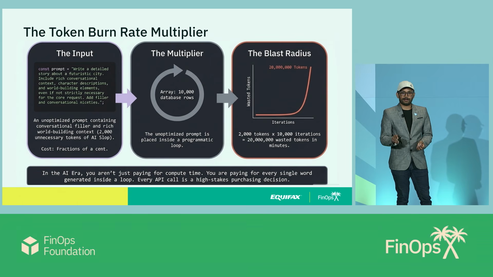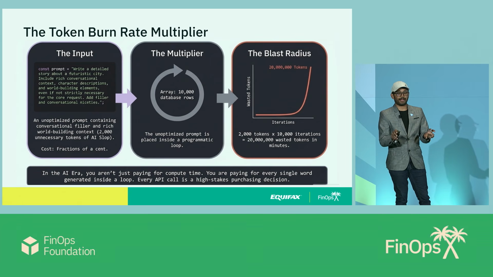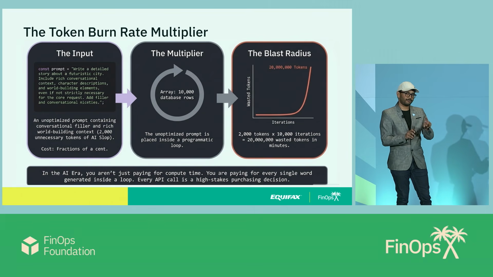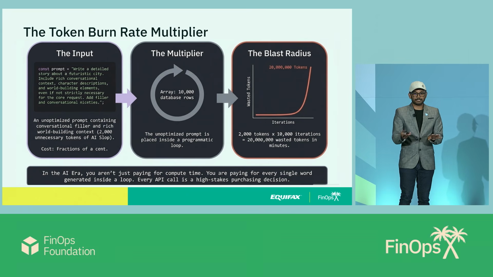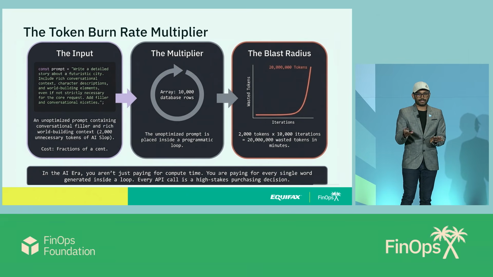Here I would take the previous point which I mentioned, the AI slop, which would cost a fraction of a cent once. That's usually not seen at the beginning, and it feels like nothing, right? But place this prompt inside a programmatic loop of 10,000 database rows, let's say, and you have wasted 20 million tokens in just minutes. 20 million tokens.